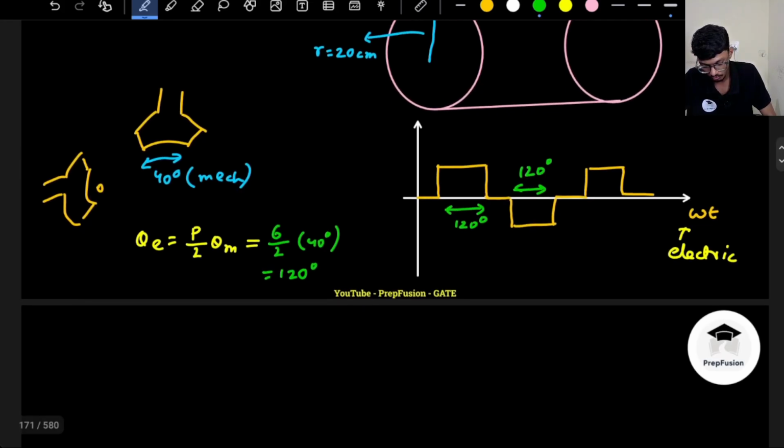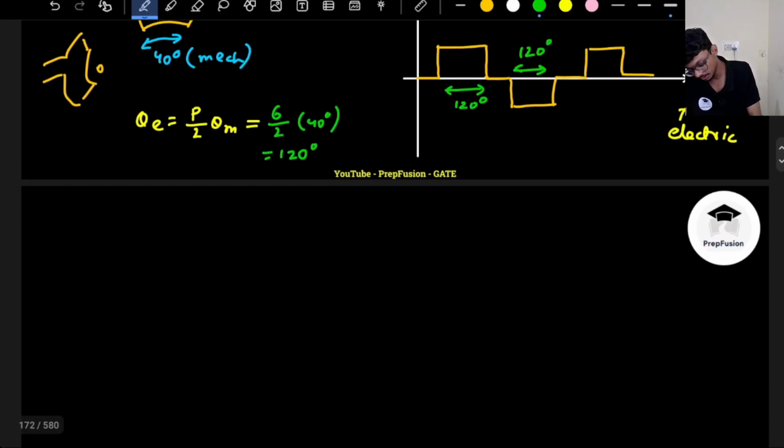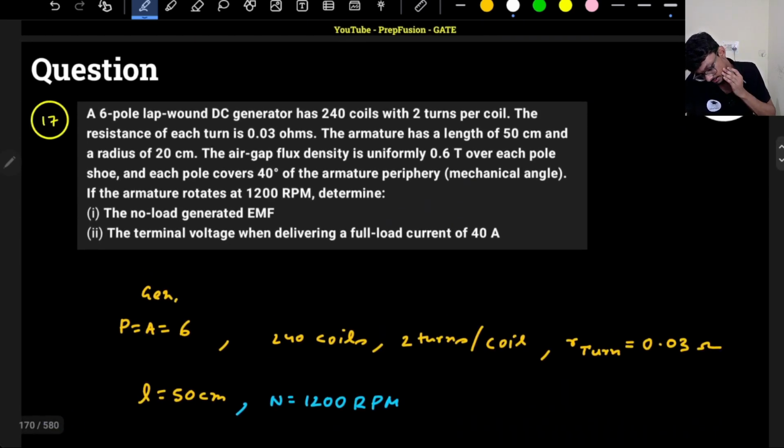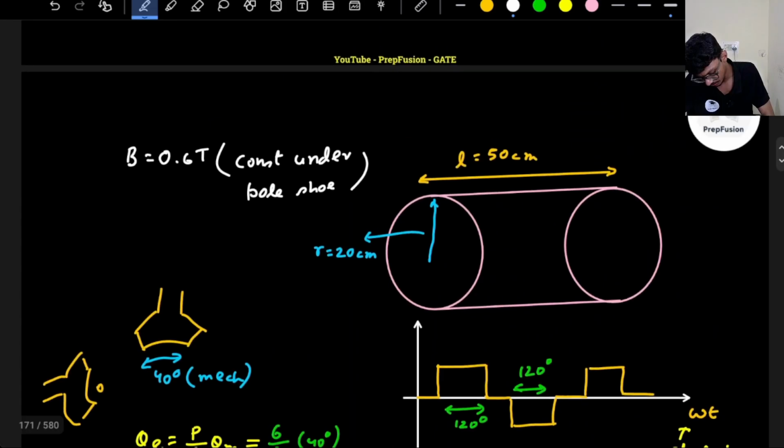Now what do we need to find out? Our equation of induced EMF. What will be the equation of induced EMF? I know there are a total of 240 coils, and there are 2 turns per coil. Now what is the induced EMF per coil, per path? So total 240 coils are there and I have 6 parallel paths, right?